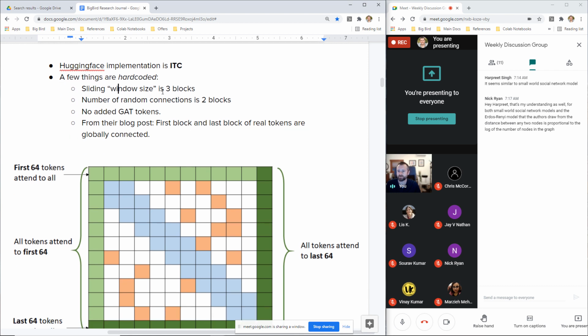The sliding window size is 3 blocks, just like we've seen in these illustrations, but you can't change that. And the number of random connections is 2 blocks, and you can't change that either. So because it's ITC, there's no added global tokens.